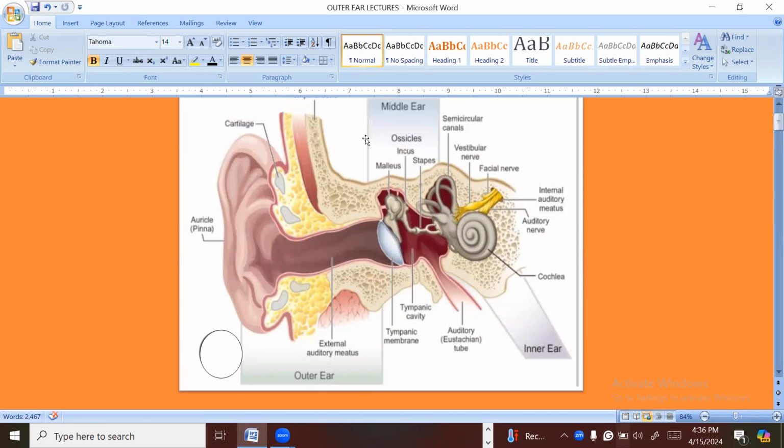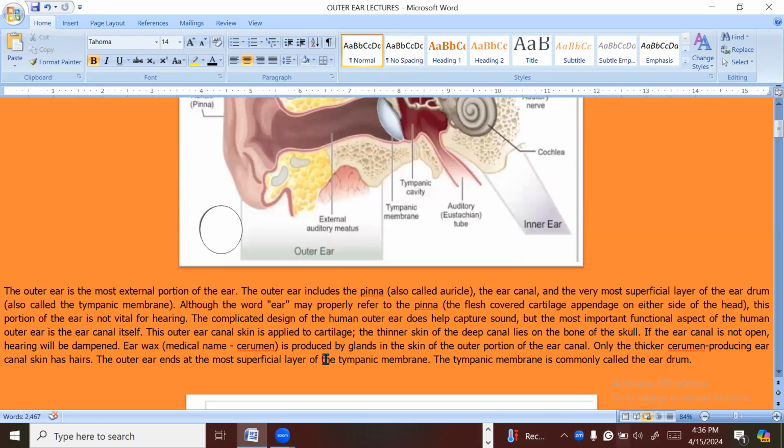The middle ear begins with the tympanic membrane, inclusive of all the ossicles and the tympanic cavity, while the inner ear is the rest of the other parts, inclusive of the semicircular canals, vestibular nerve, and facial nerve, okay? But our focus for today is the pinna and the external auditory canal.